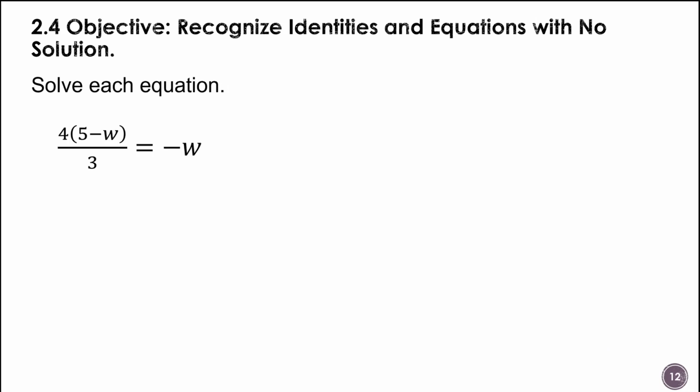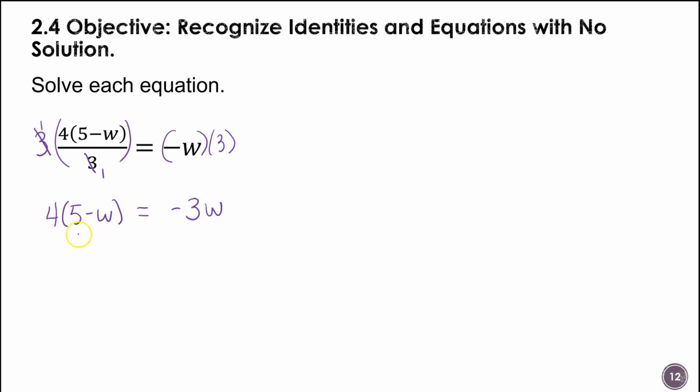Okay, so to solve this equation, we need to clear the fraction, and in this case, the only denominator we have is 3. So we are going to multiply both sides by 3. Now on the left-hand side, the 3s just eliminate each other because 3 goes into 3 one time. So I'm going to have 4 times 5 minus w equals negative 3w.